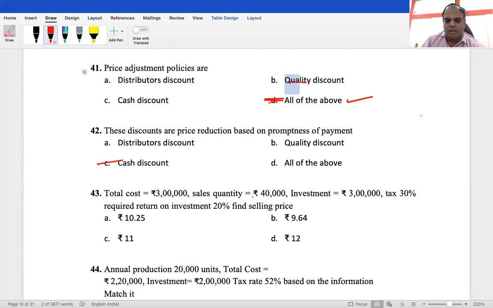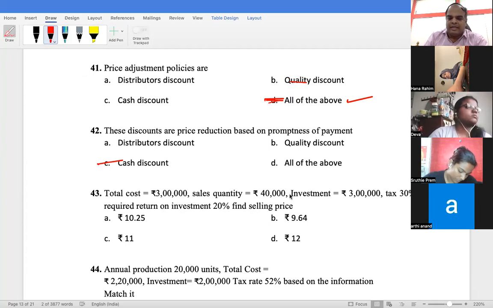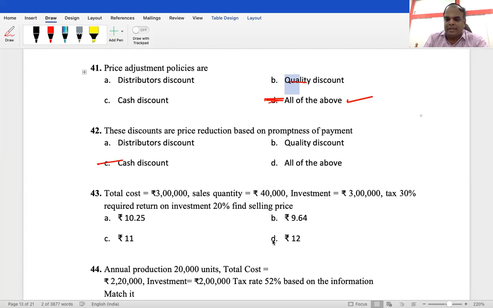Kindly make a note: sales quantity is equal to 40,000. We have to compute the selling price X.